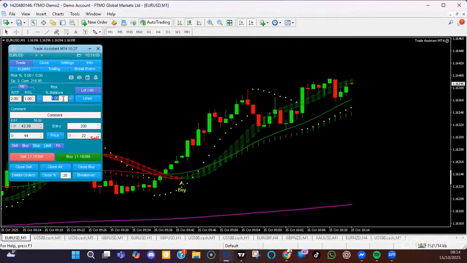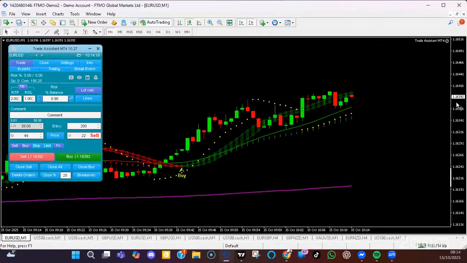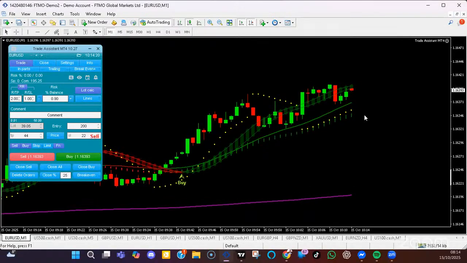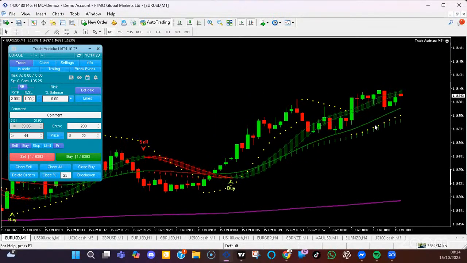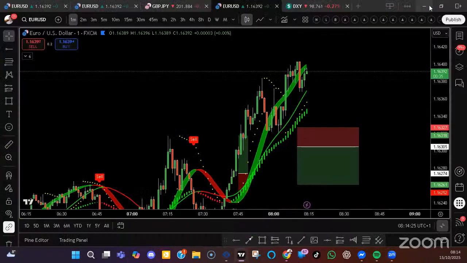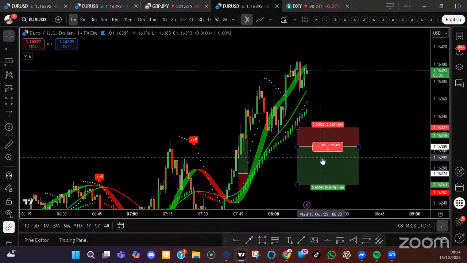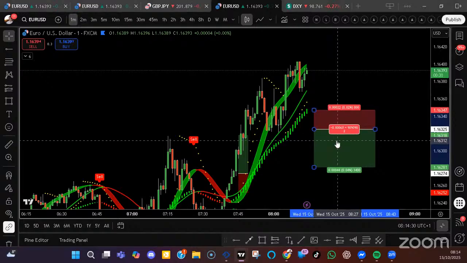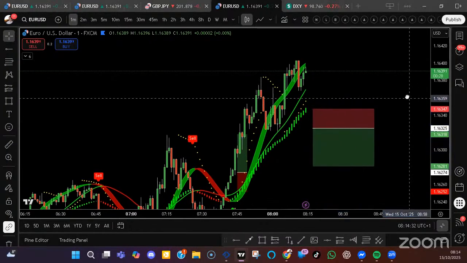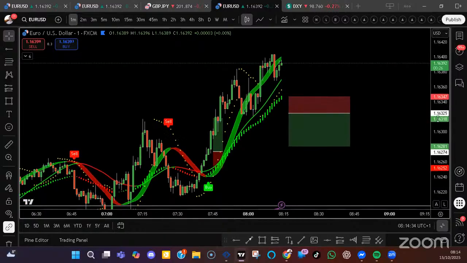So maybe knock that back to at least 0.9. So whatever happens, you will be risking around about 1%-ish, depending on the liquidity. And that's because of the low liquidity that we are experiencing with the EUR USD.